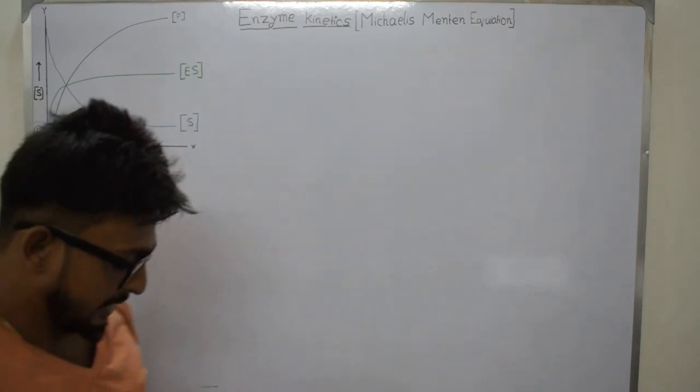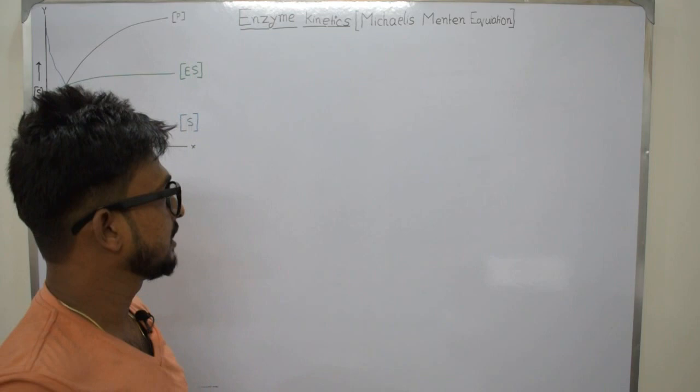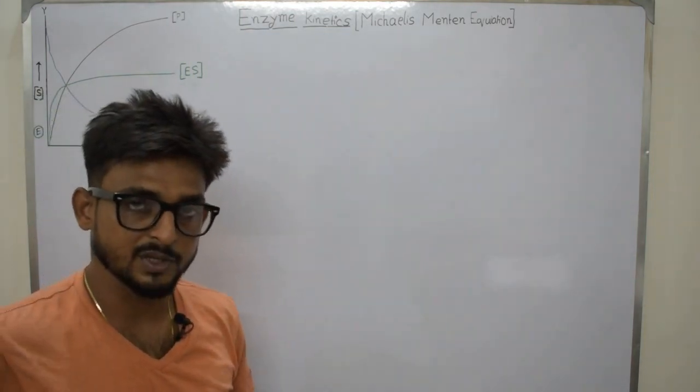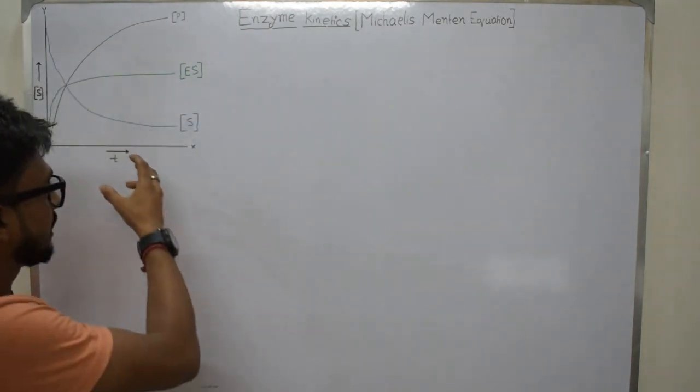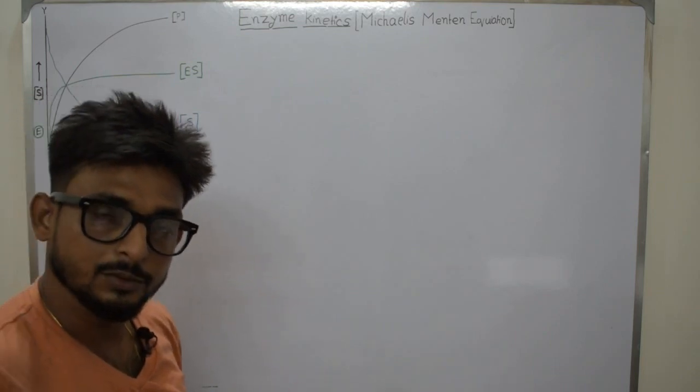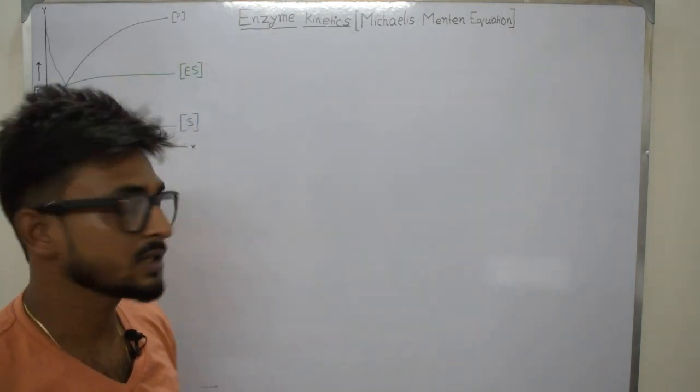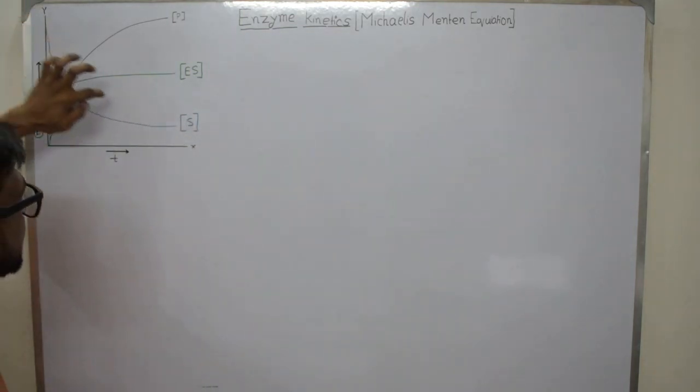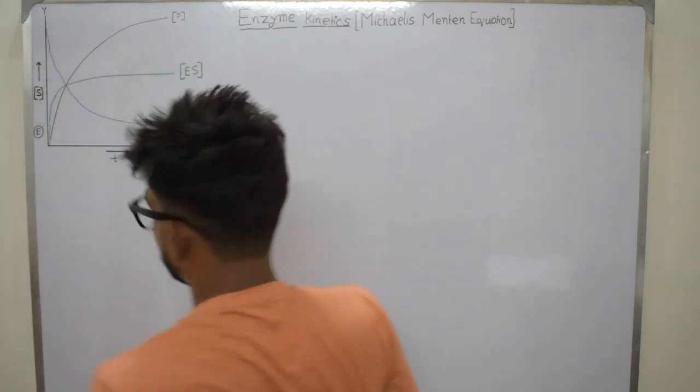As we know, if any reaction is going on in the presence of enzyme, it will reduce the concentration of the substrate. That is what the blue line is showing here.